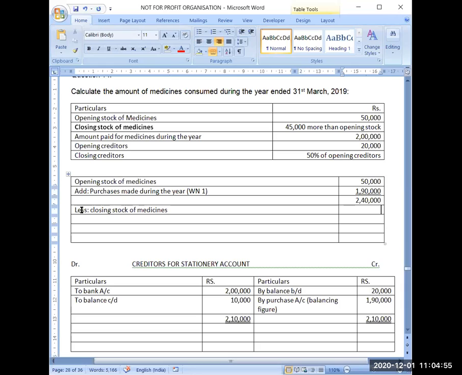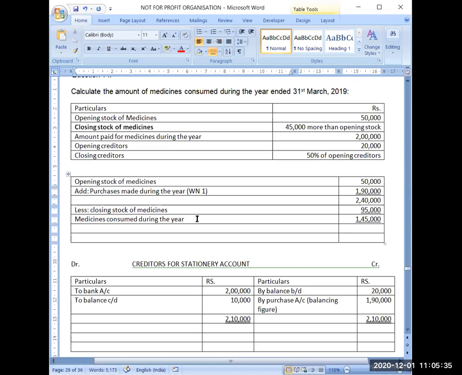Closing stock of medicines is 95,000. And this will be medicines consumed during the year. So 2 lakh 40 minus 95,000, the answer will be 1 lakh 45,000.